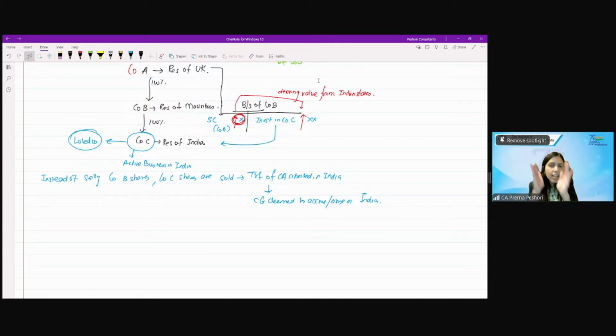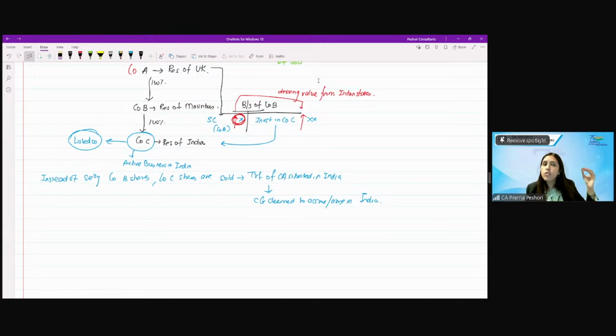It was exactly how the sale was made to avoid the capital gain. And the tax authorities observed that this is nothing but, in effect, by selling the Mauritius company shares, they are indeed selling the Indian business and still avoiding the taxes in India. The matter reached the Supreme Court.